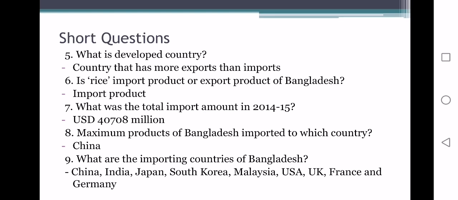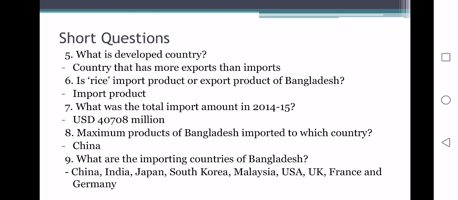Question number 6. Is rice an import product or export product of Bangladesh? The answer will be import product. For writing the answer of this question, you have to read all the products that Bangladesh imports from other countries. And rice is one of the import products that Bangladesh imports on a regular basis.